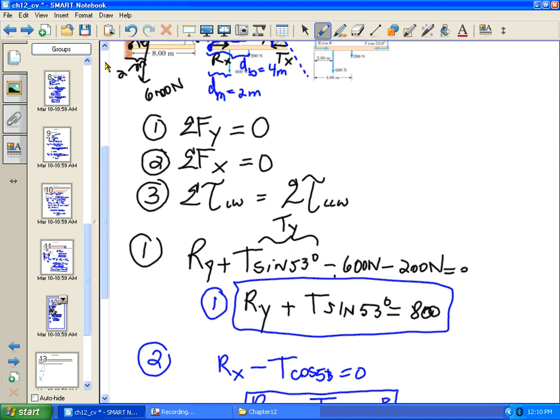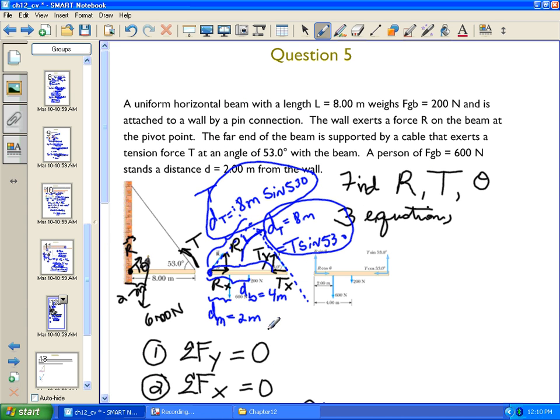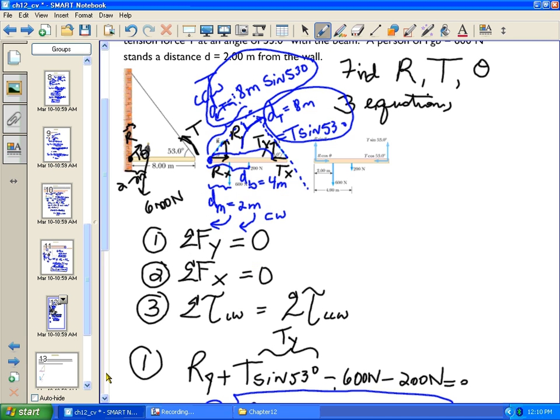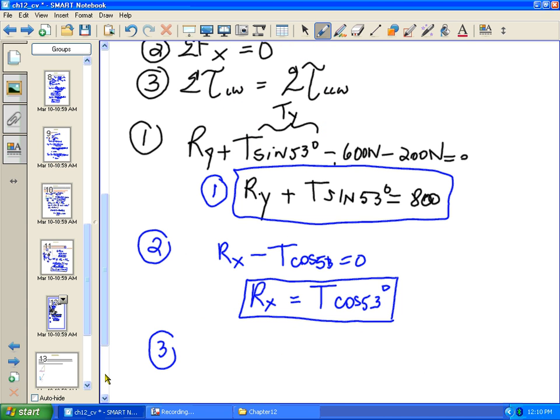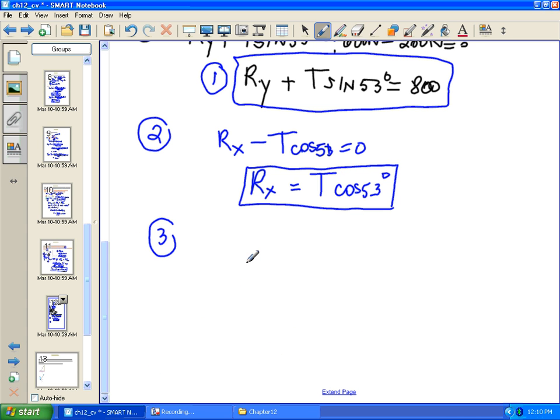Anyhow, let's look at the directions of the torques. The weight of the man produces a clockwise torque. The weight of the board produces a clockwise torque. So we've got two clockwise torques, and tension producing a counterclockwise torque. So let's see.